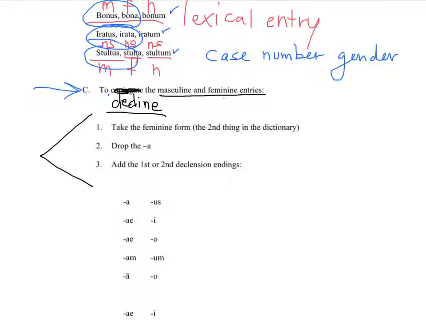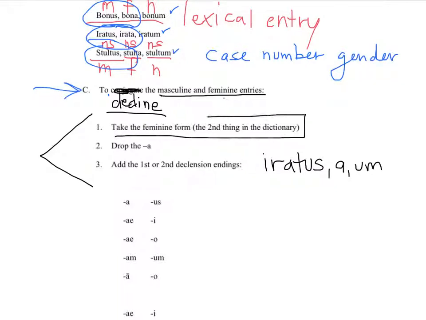Here's what you do. When you find an adjective in the dictionary, it's going to look like this: iratus, irata, iratum. If you take the second thing in the dictionary, which in this case written out in full, not abbreviated, would be irata, you will drop the A from that, as it says in the instructions number 2.